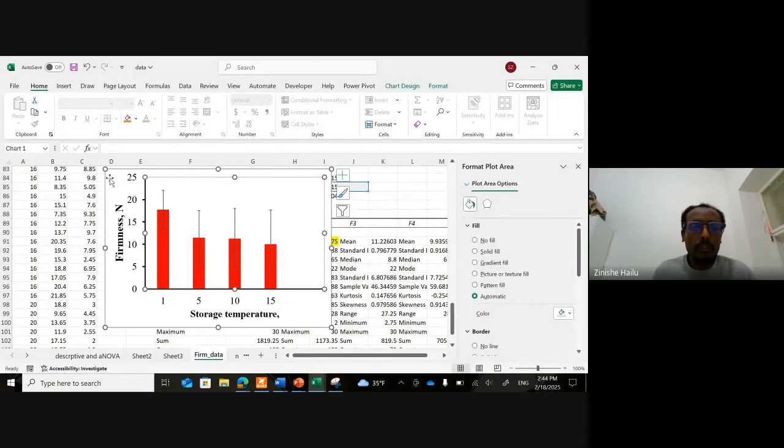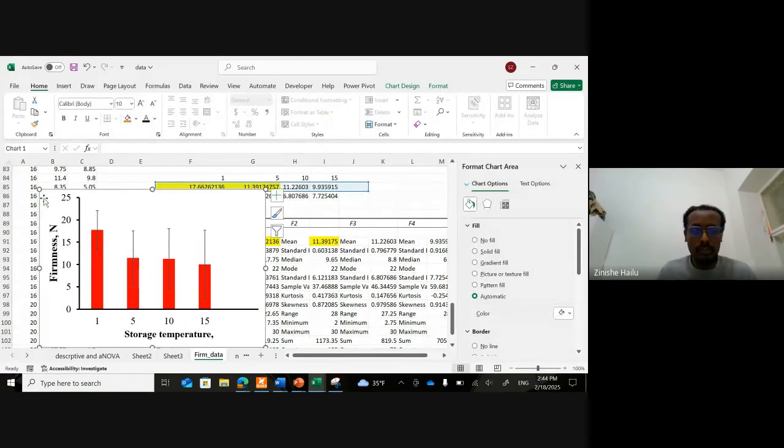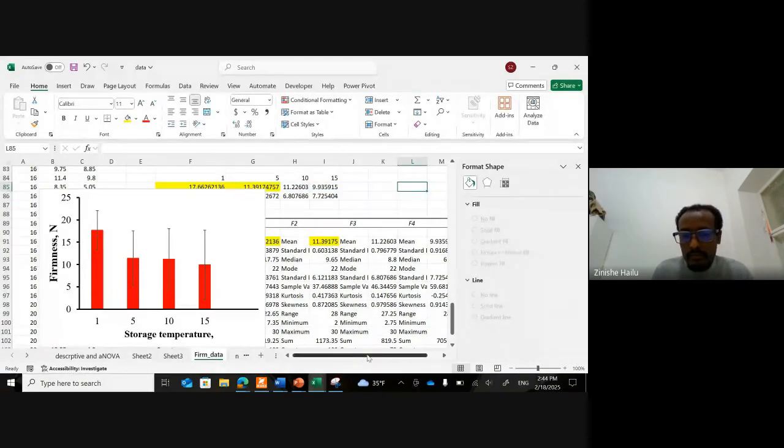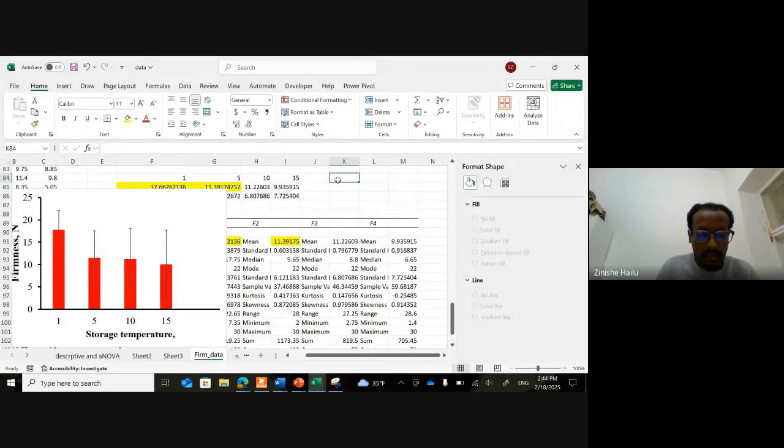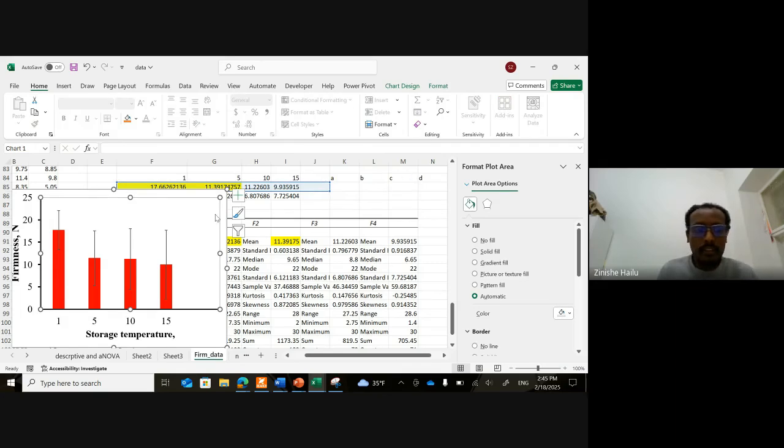From this, if we get, let's say, post hoc test value for this, let's say A, B, C, D, and then we can also label this in the error bar, like you can click on plus and then go to the data label.